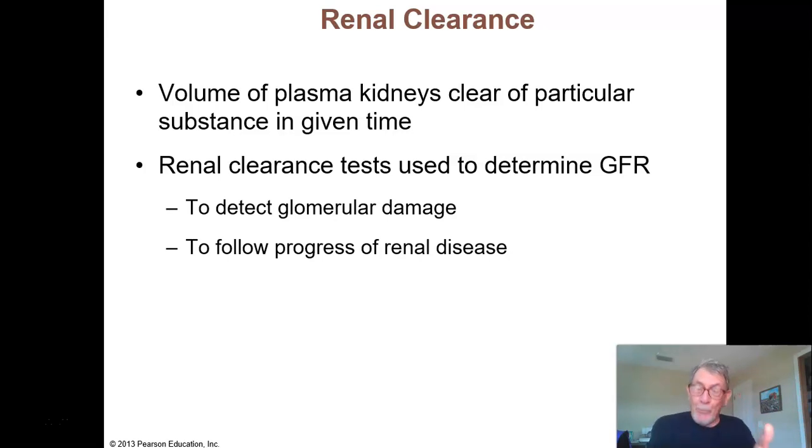So you can tell how much filtrate there was in the first place. If only part of it got cleared, it's almost impossible to tell. But if it's something that gets completely cleared, you can use that as an estimation of glomerular filtration rate to see if you're close to the 125 that you're supposed to be.